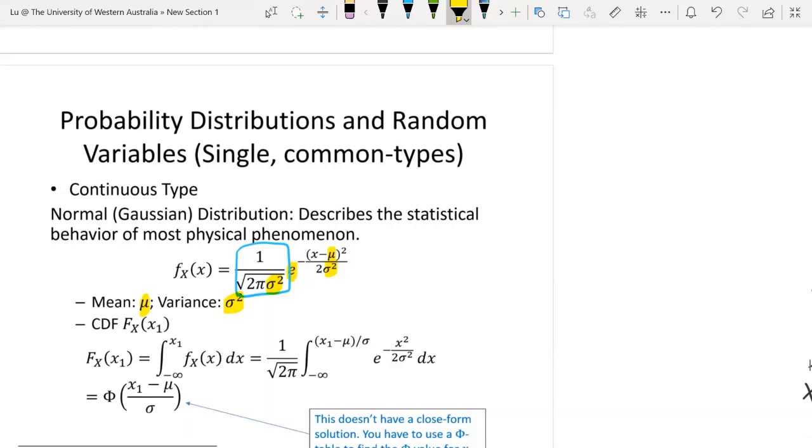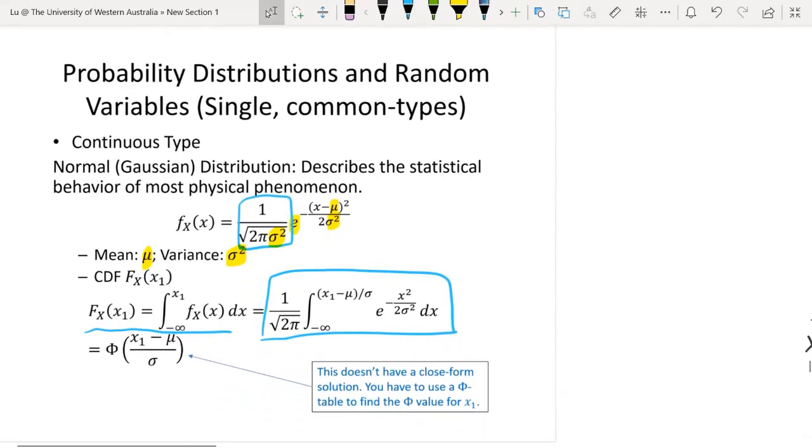Once you know the PDF of a normal distribution random variable, we should try our best to derive the CDF. And of course, we use the same idea to calculate the CDF. But after you reach this step, you may find you can't move any further. The reason is, for such kind of integration, we do not have a closed form solution.